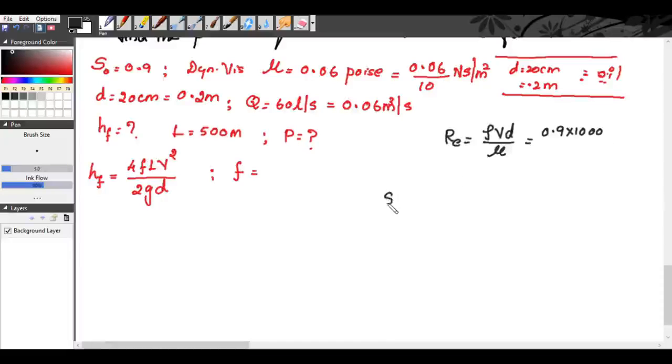Right? Because the specific gravity is equal to density of the oil divided by density of the standard liquid, that is water. We know density of water is 1000. So, density of oil will be equal to specific gravity into 1000. So, it is 0.9 into 1000.